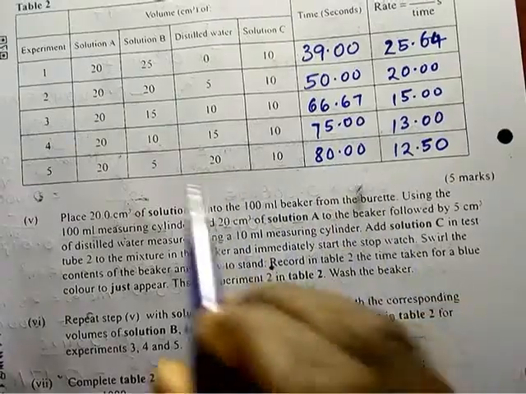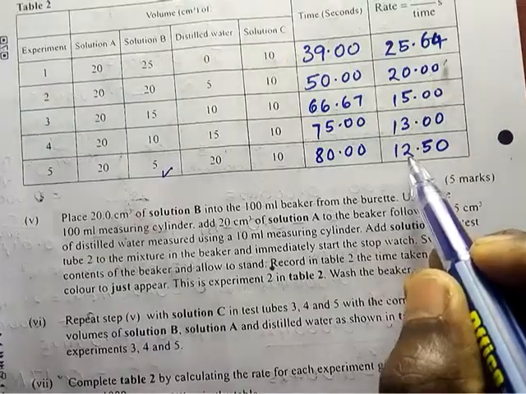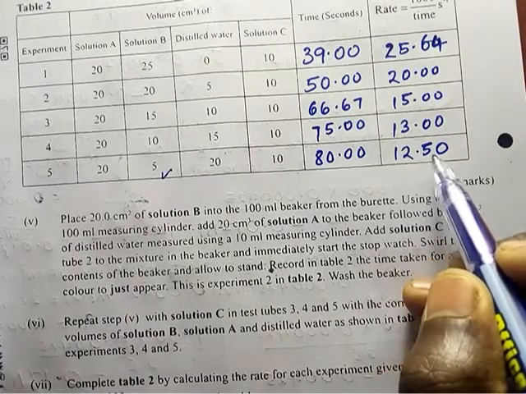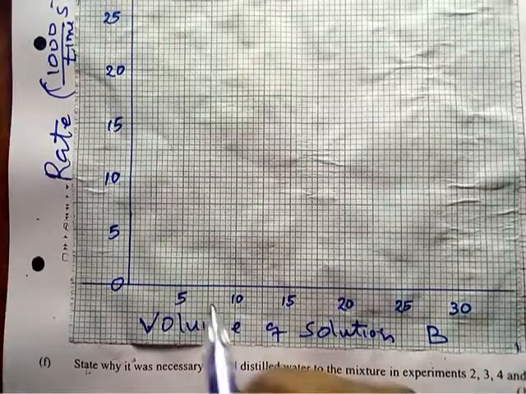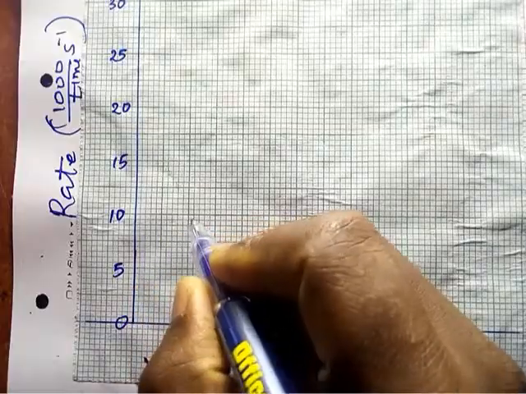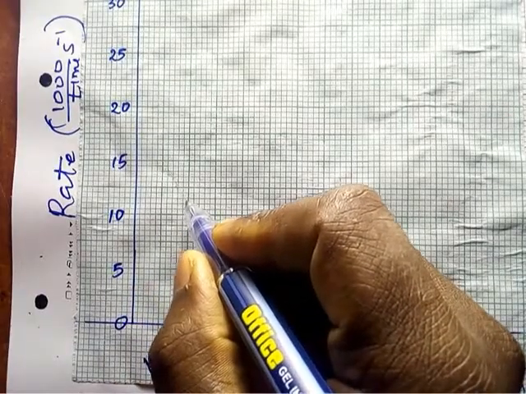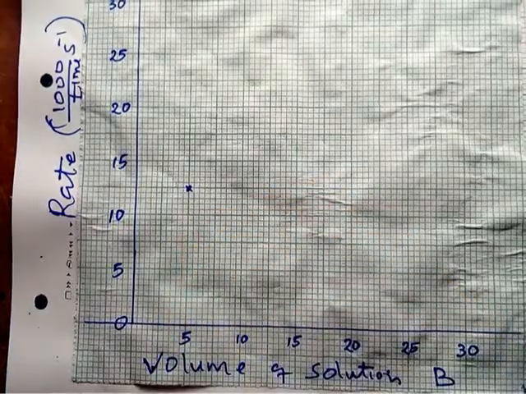So when B is 5, the rate is 12.5. So that's what we want to plot. The volume is 5, the rate is 12.5 here. That is where my point is.